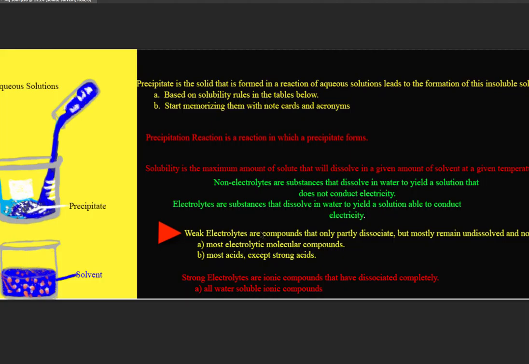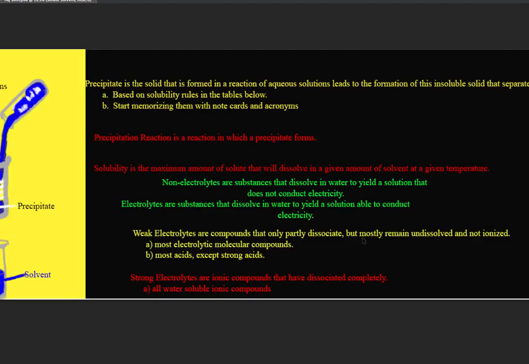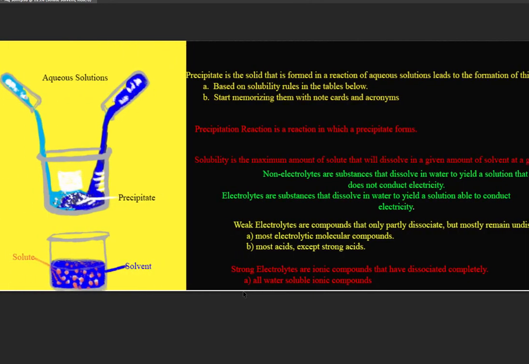Weak electrolytes partly dissociate, mostly undissolved and not ionized. So if you're thinking of molecular compounds, acids, except for the strong ones, like the acetic acid example I cited earlier. Strong electrolytes are dissociating completely. All water-soluble ionic compounds are going to do that, so your NaCls and stuff like that.